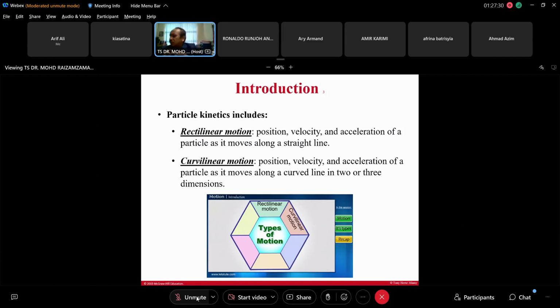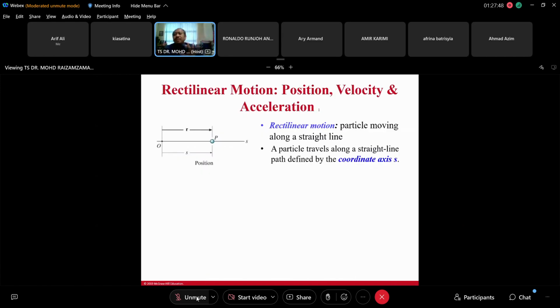So after this, when you go outside or when you go to the bazaar, when you see something, you can tell that's rectilinear, that involves curvilinear. That's the way, class, to relate what you have learned today. So I hope you got the ideas. Okay, all right. So now class, pendulum, yes, a good example of curvilinear motion.